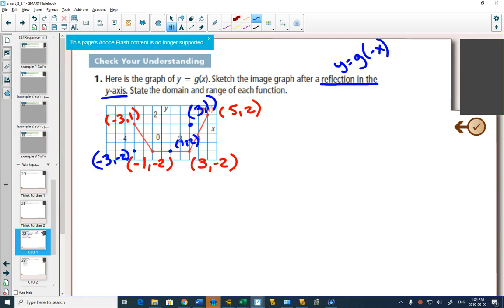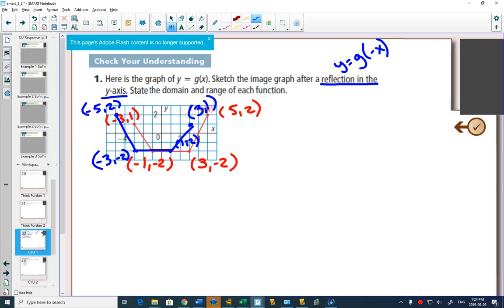And this point at 5, 2, when you multiply the x coordinate by a negative, and can you visualize now taking this graph and flipping it over the y, that it would land on that blue graph?